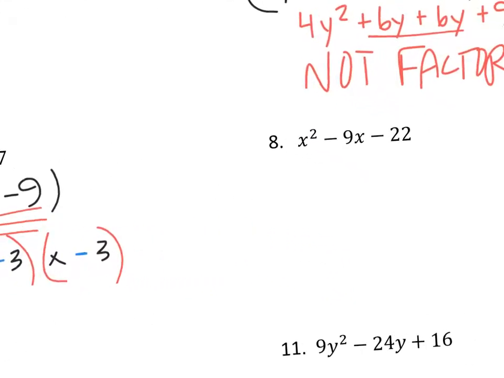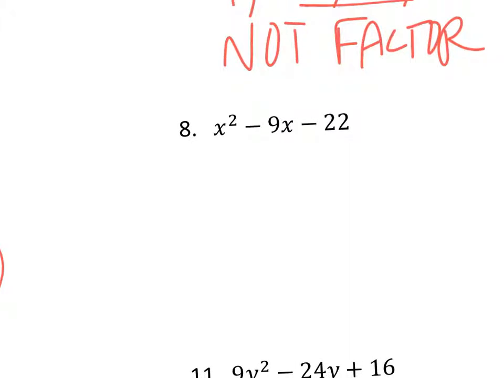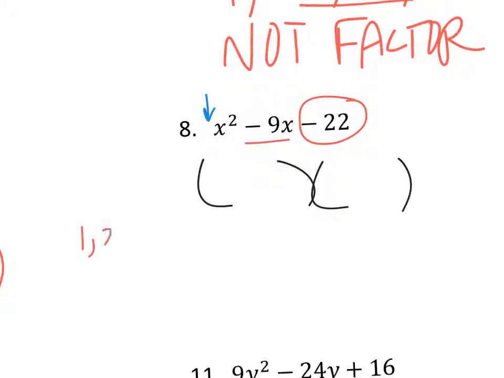Okay, number 8. No greatest common factor. So this number out front is 1. So I'm going to find factors of negative 22 that add up to be negative 9. The only factors of 22 are 1 and 22 and 11 and 2.